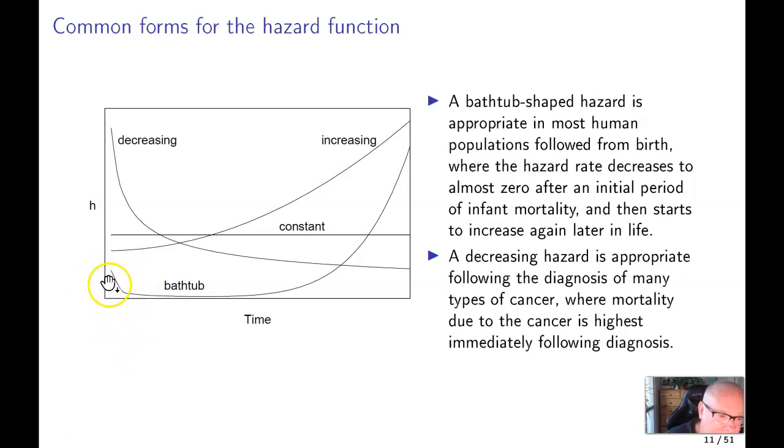We have a slightly high infant mortality, then mortality sort of decreases, and then it starts to increase again in old age. A decreasing hazard, well, this is appropriate following the diagnosis of many types of cancer. Mortality is highest directly after diagnosis and then decreases the longer one survives.